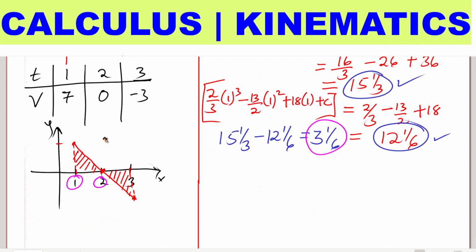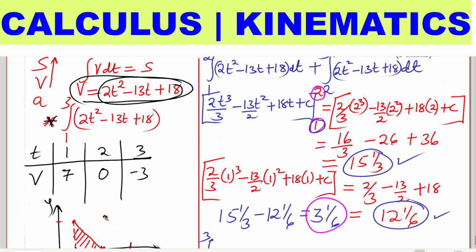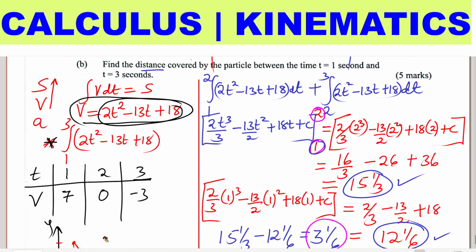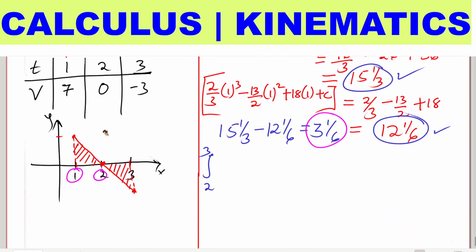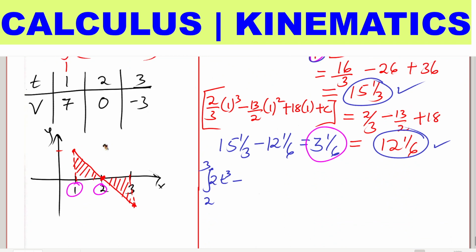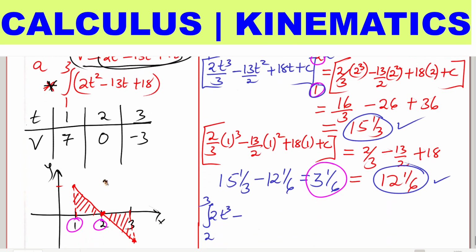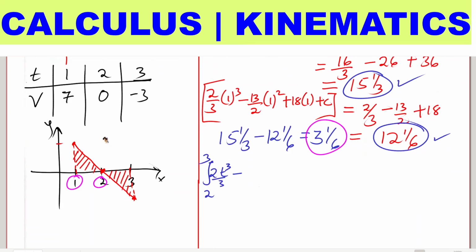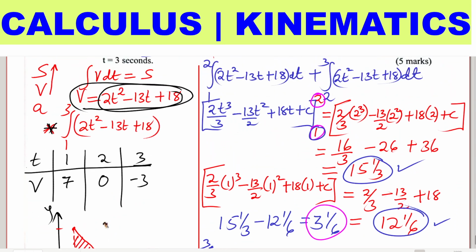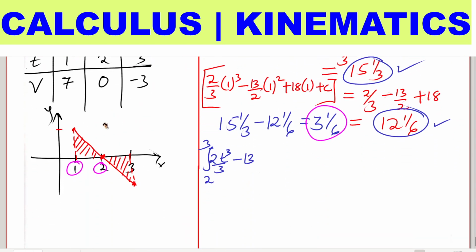So again, we integrate from 2 to 3. And the same velocity, 2t cubed over 3 minus 13t squared, then plus 18t.